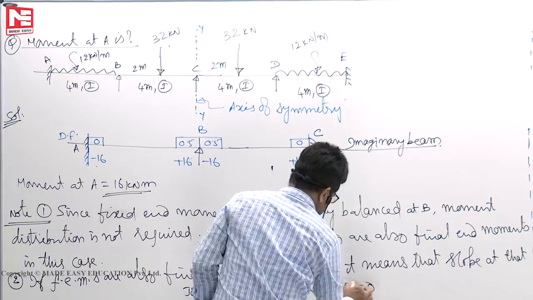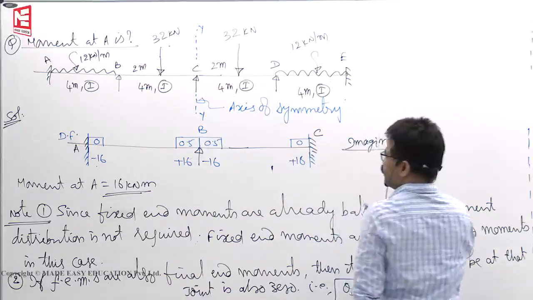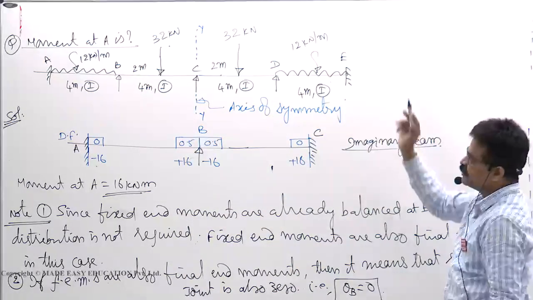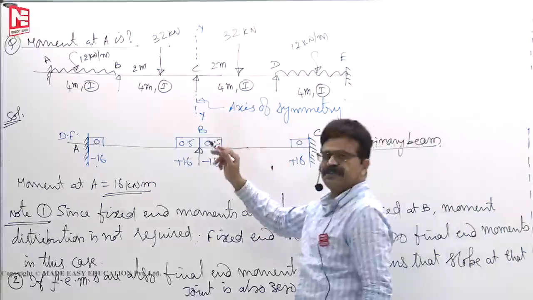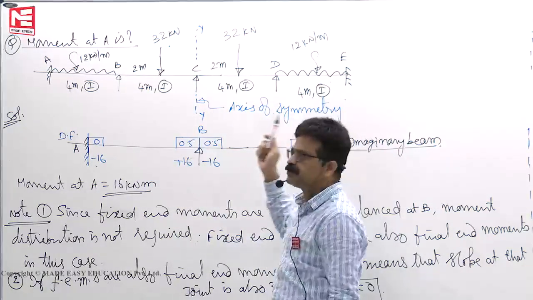That is, theta B must be 0. Now you see, if theta B is 0, that means theta D is also 0.